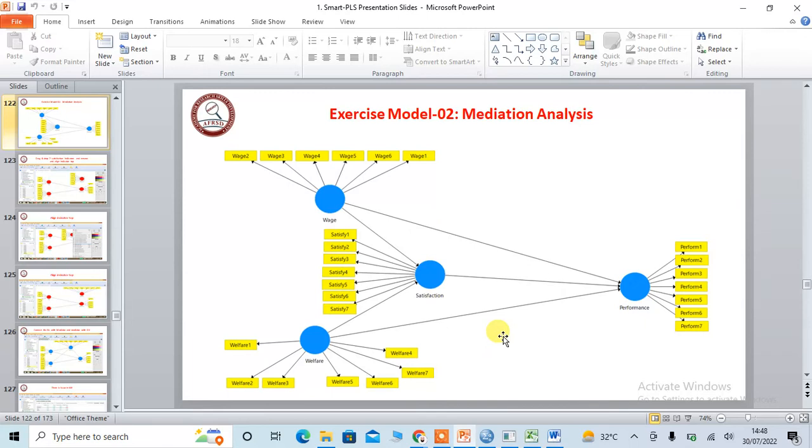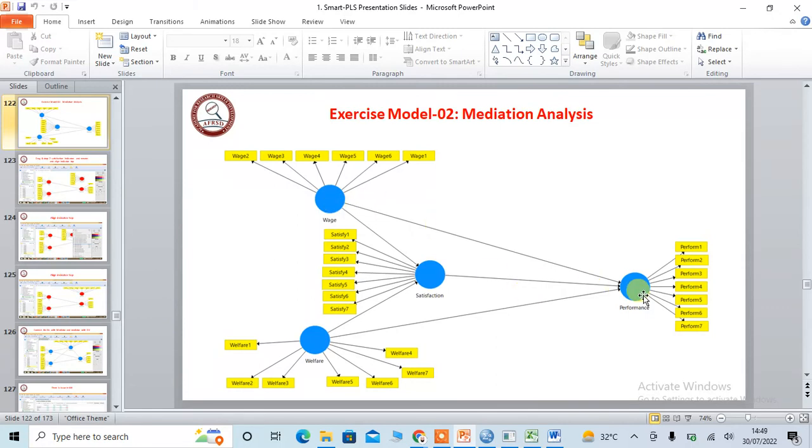Actually, there are two schools of thought. You have to consider either four or seven. One school of thought says that if you are considering the IV with mediator and mediator with DV, then you can consider seven.